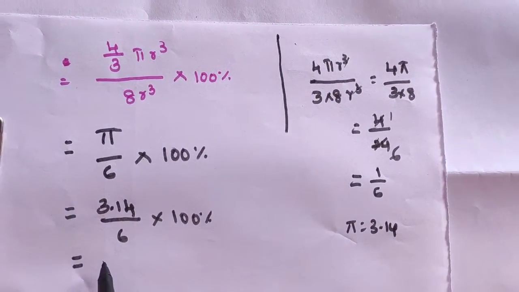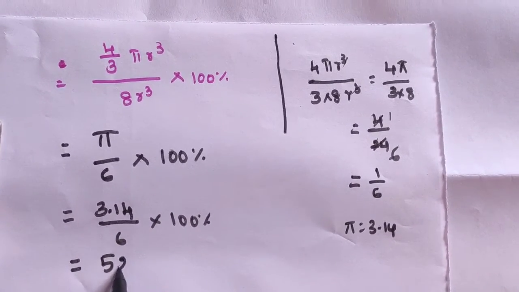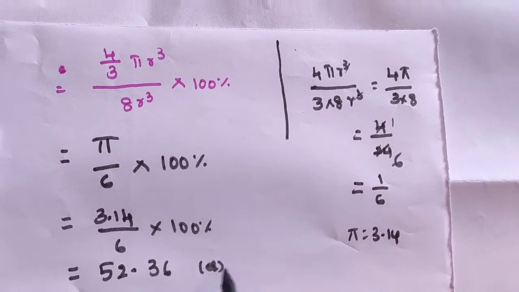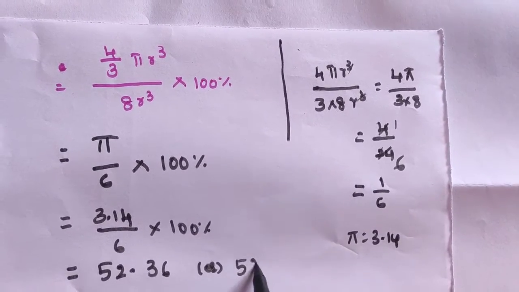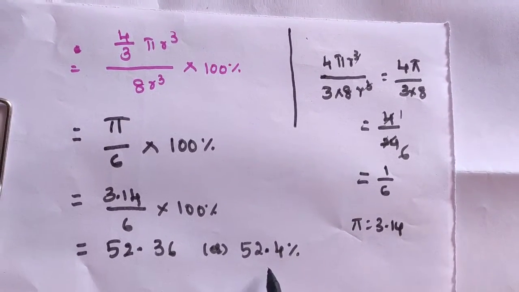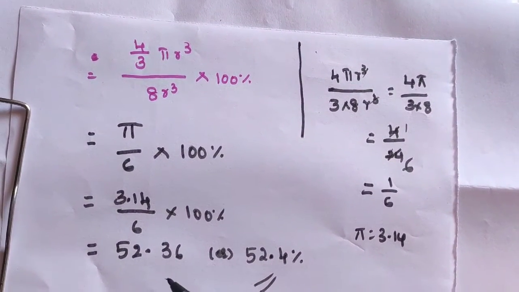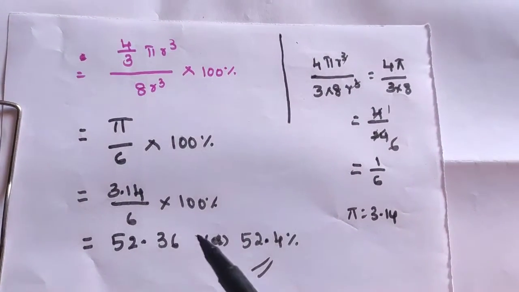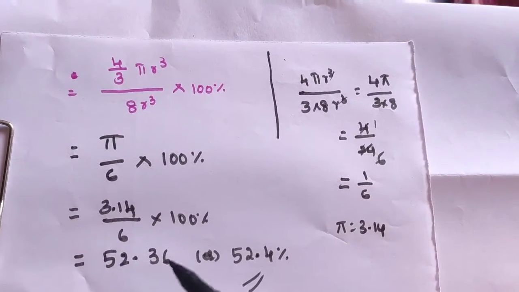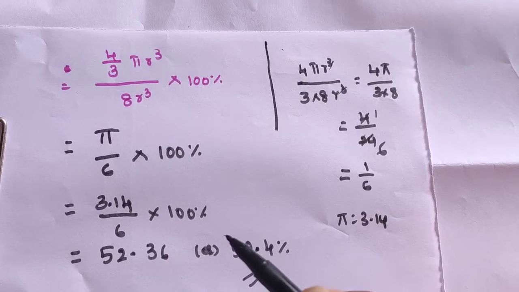We will get 52.36, or you can take 52.4 percentage. So this is the percentage occupied in the case of a simple cubic unit cell, that is the packing efficiency in a simple cubic unit cell.